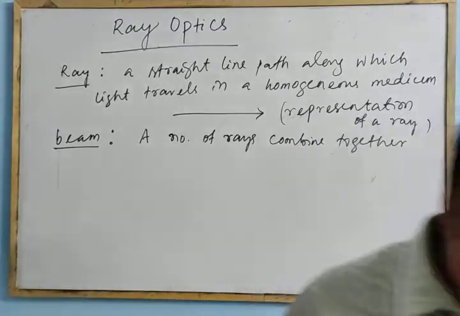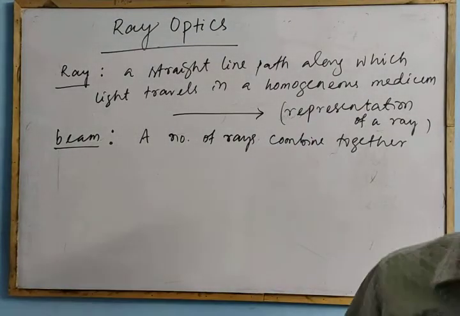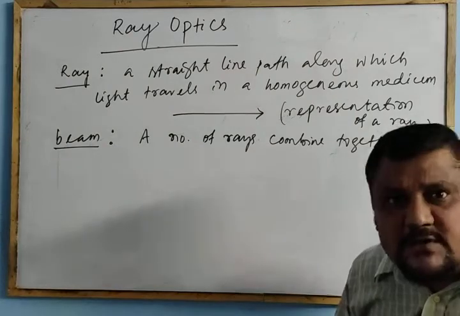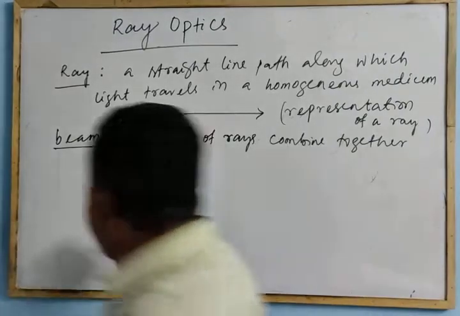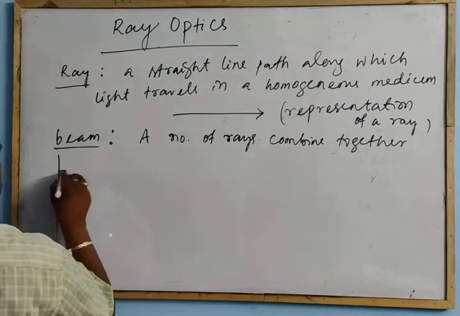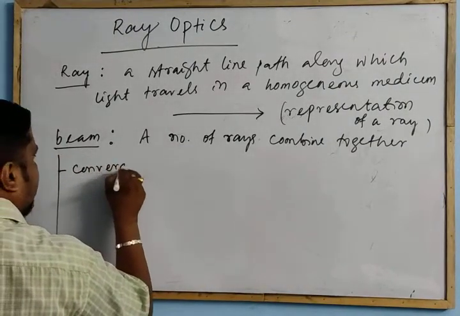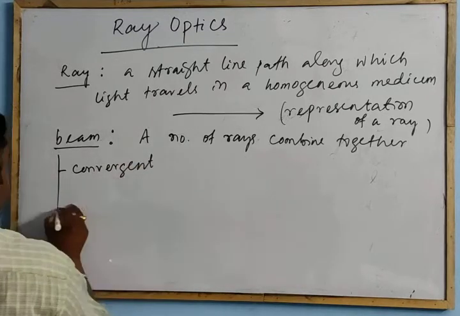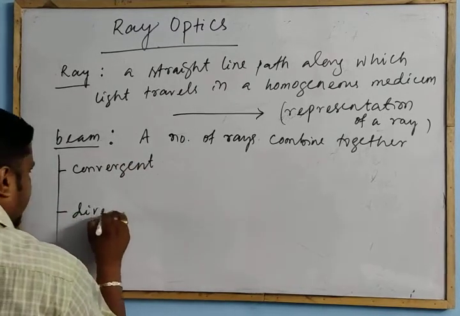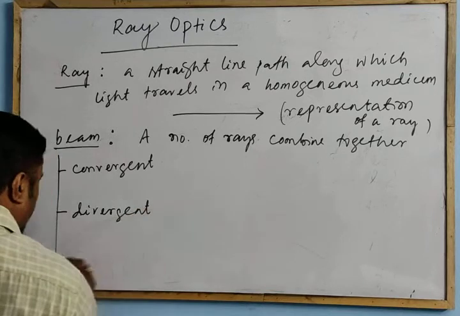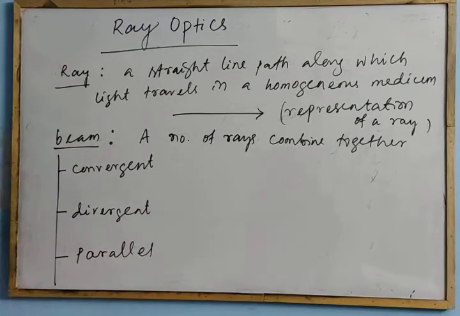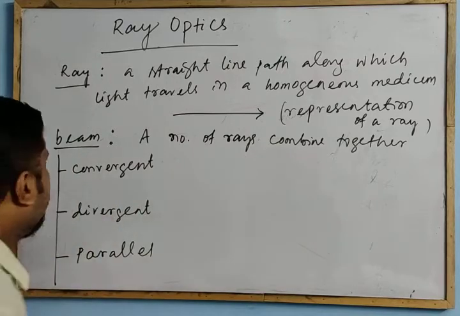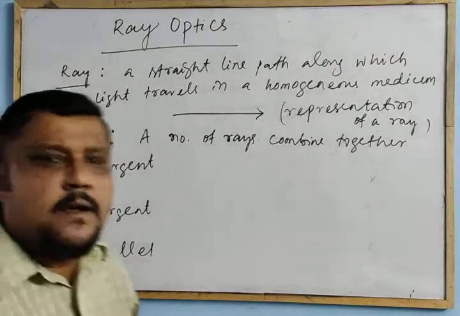Then coming to the beam, the beams can be a convergent beam, a divergent beam, or a parallel beam.